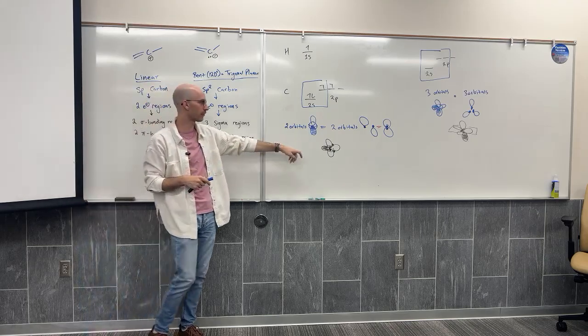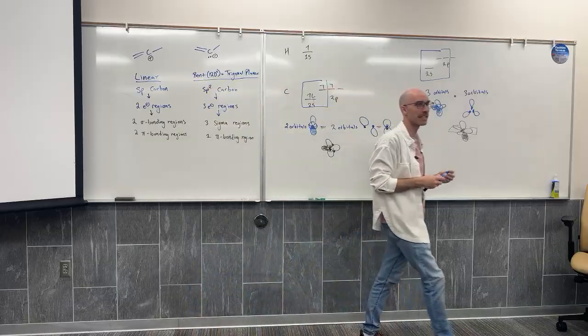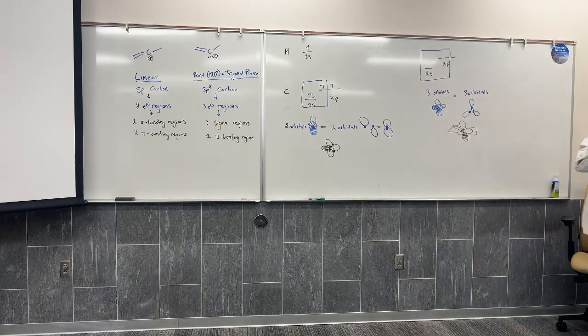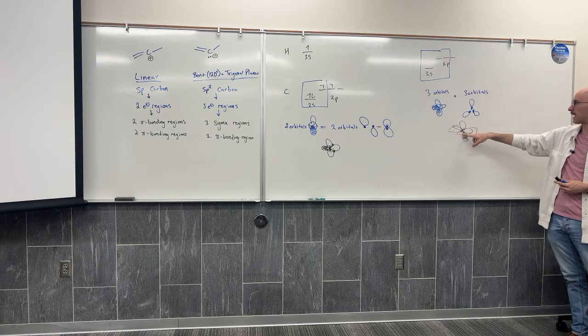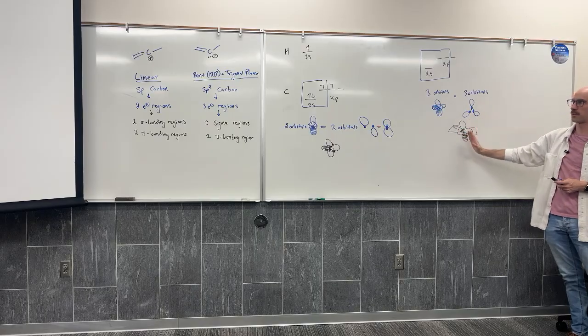It's a little more confusing when we look at sp hybridized because it's got more going on, but this is easier to interpret. We've got our planar region with our sp2 orbitals, and we've got that perpendicular pi region.